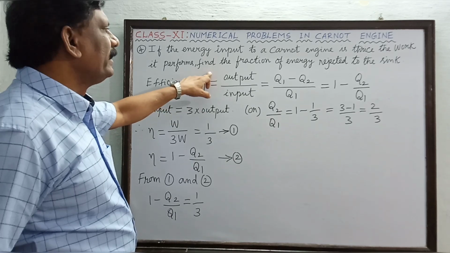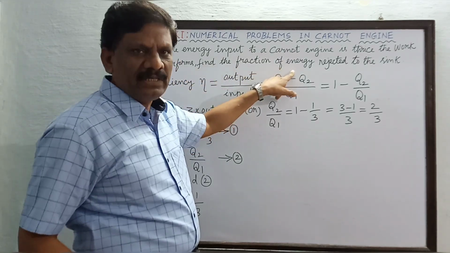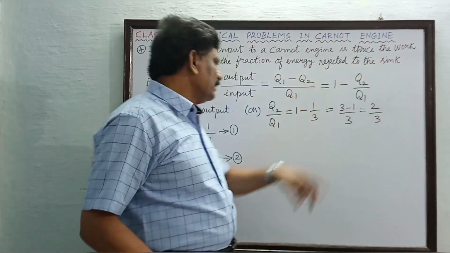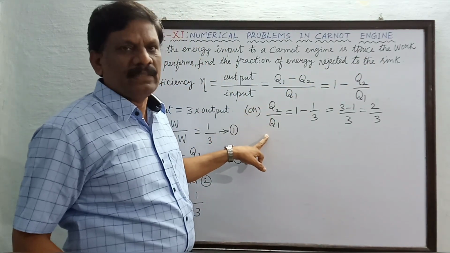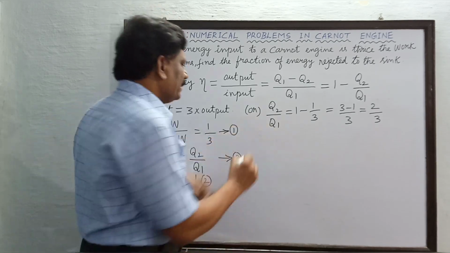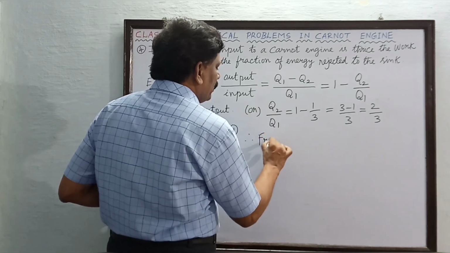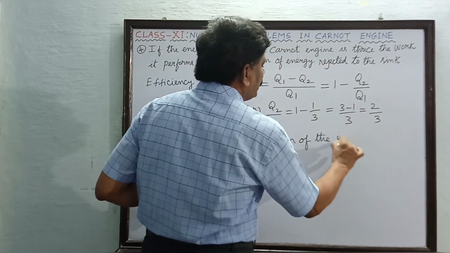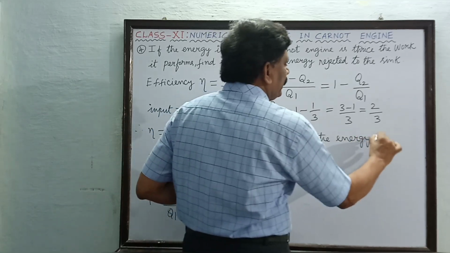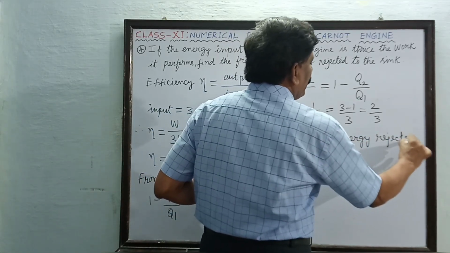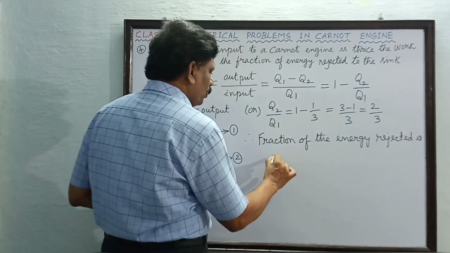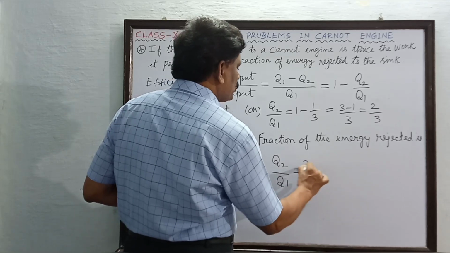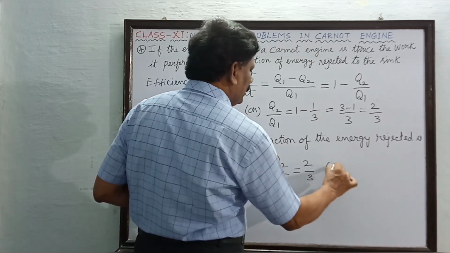Find the fraction of the energy rejected to the sink, which is Q2 by Q1. Therefore, the fraction of the energy rejected is given by Q2 divided by Q1, which is equal to 2 by 3. So this is the answer.